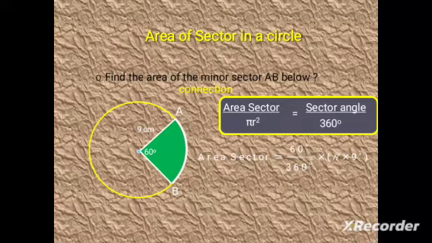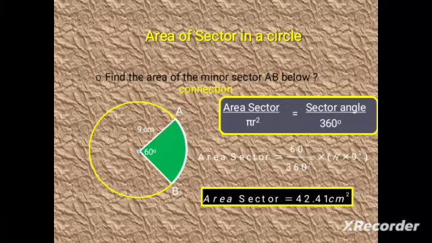Our theta, which is the angle subtended by the minor arc AB, is 60 degrees, so 60 over 360 times pi times 9 squared. The area of this sector is 42.41 square centimeters, and the sector is the part shaded green.